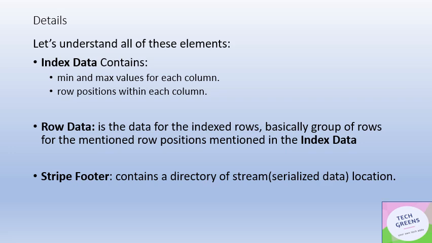A particular stripe, as we discussed in the previous slide as well, carries index data. Index data primarily contains the aggregates like min and max for each column and the row positions within each column, right? Row data, as we have seen, is a collection of rows which are part of that particular stripe, and the stripe footer contains the directory of serialized data locations, right?